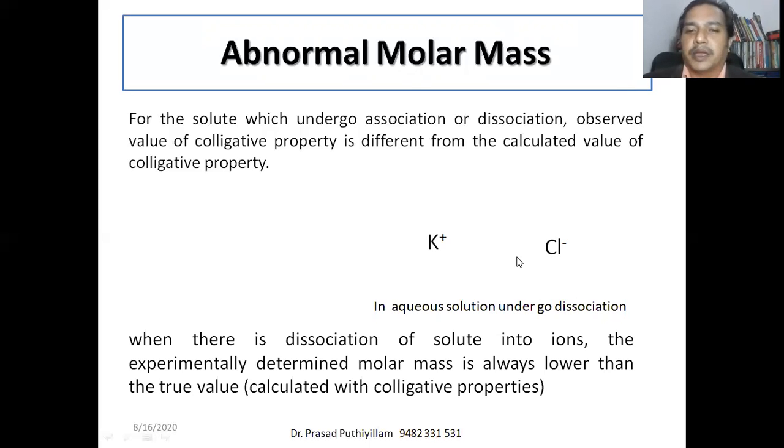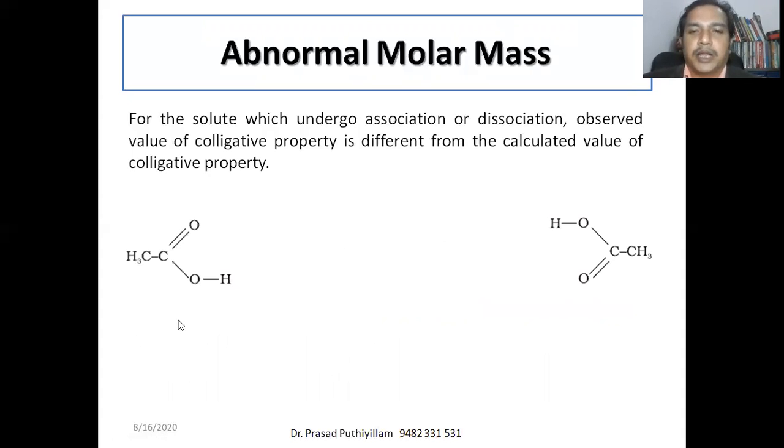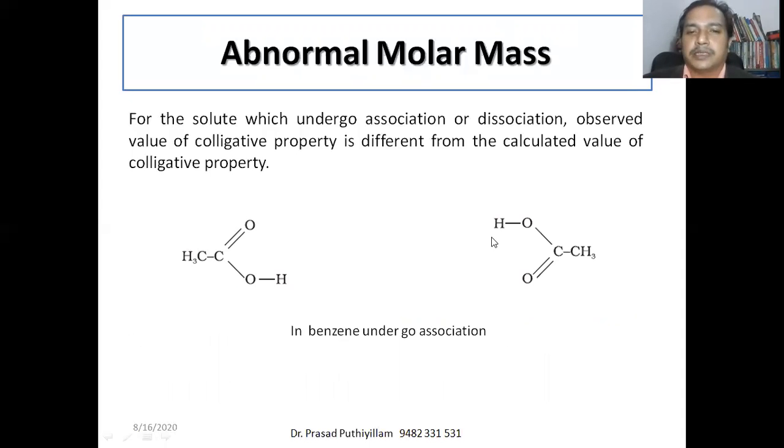and Cl minus. Because of this dissociation, the experimentally determined molar mass is always lower than the true value calculated from the colligative property. So the number of particles is increasing. A colligative property is something where we have to count the number of particles. Similarly, if acetic acid molecules are dissolved in benzene, we cannot expect single acetic acid molecules.